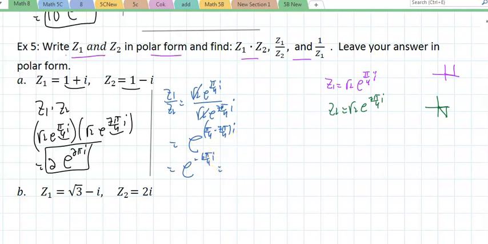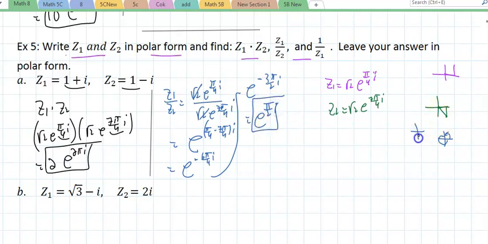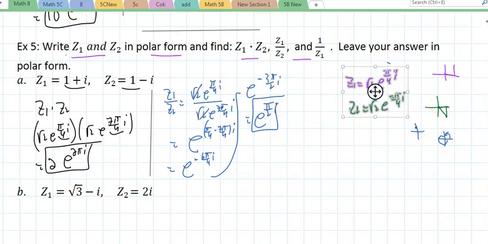Which is e to the negative 3 pi over 2i, which is another way of reaching. You could add 2 pi to that and make it pi over 2i. And we know where that is. That's really right there. And how about if I wanted to take 1 over z1?